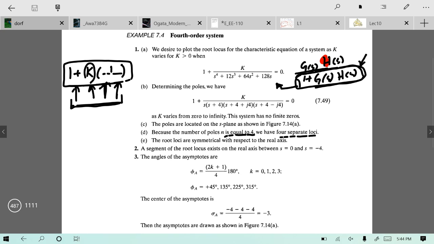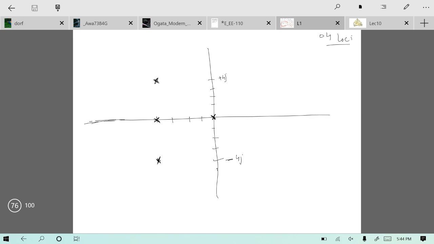Means this is the real axis. If you have drawn the root locus in the upper half, you can symmetrically draw the portion of the root locus in the lower half. For example, if you have drawn the path that this pole will follow, you can automatically draw the path of this pole with the help of symmetry.